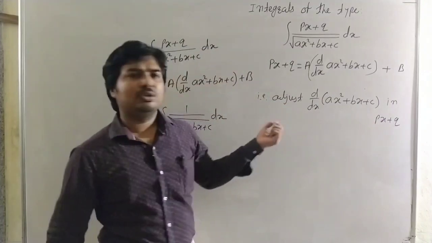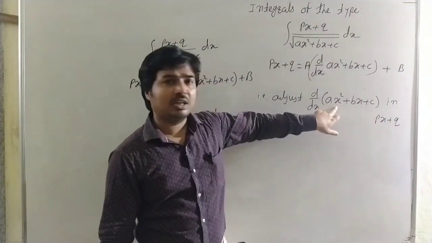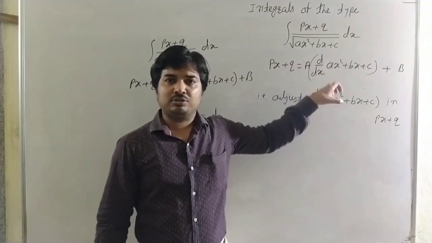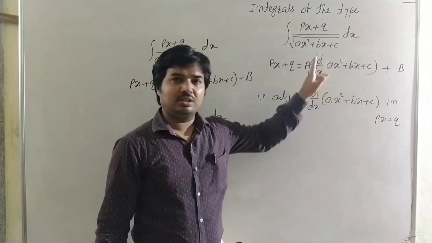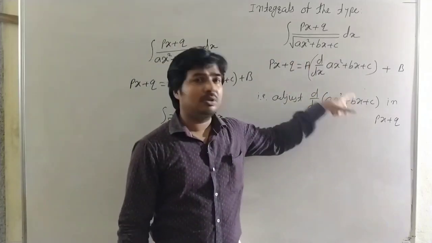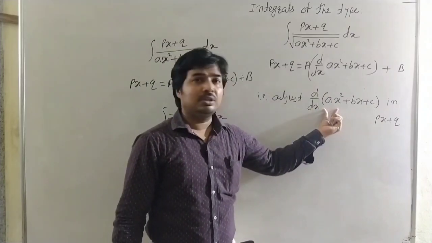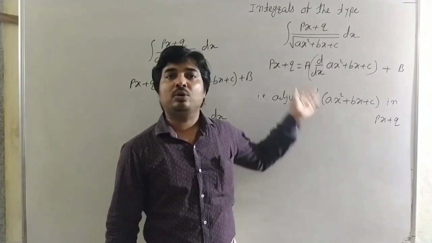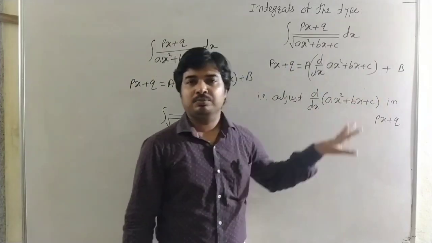When we take the derivative of a quadratic function, it becomes a linear function, because the derivative of x square is 2x. That means the derivative of the quadratic function is a linear function, so the degree of the derivative of the quadratic function and the degree of this linear function are the same.